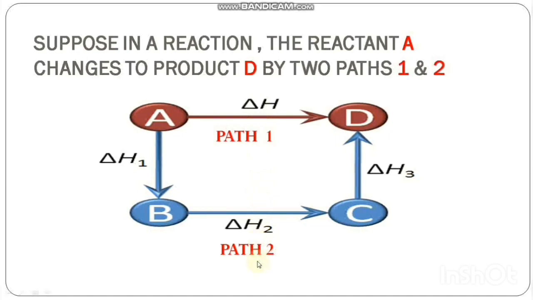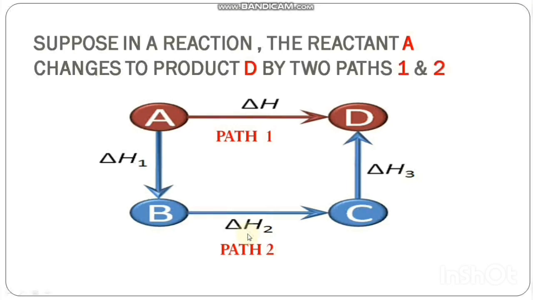In step 1, initial state A first changes to intermediate state B with enthalpy change delta H1. Intermediate state B in the second step changes to another intermediate state C with enthalpy change delta H2.